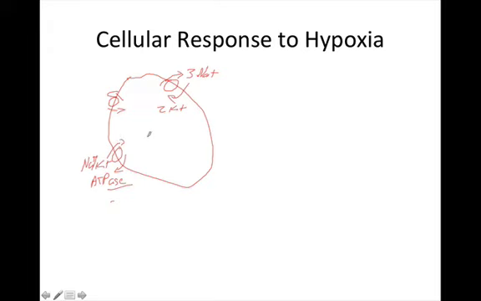Now, when we think about this injury that we're seeing here, if we become hypoxic, you have to remember that this is a form of active transport. So therefore, this is going to require the expenditure of ATP.